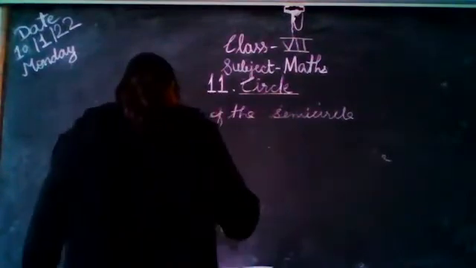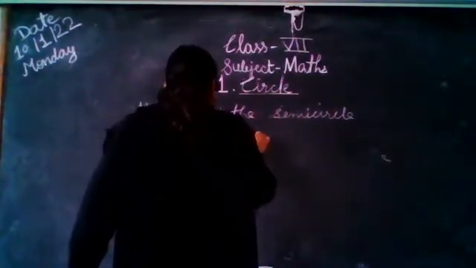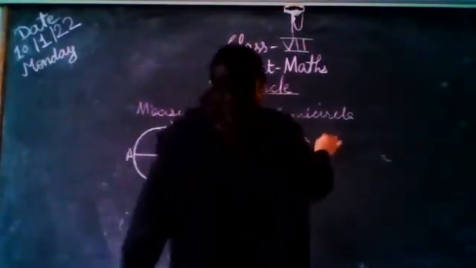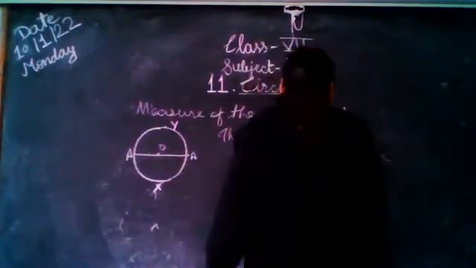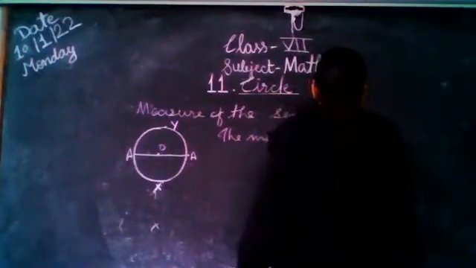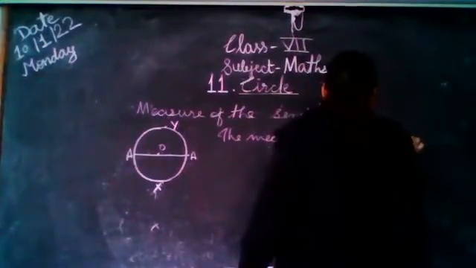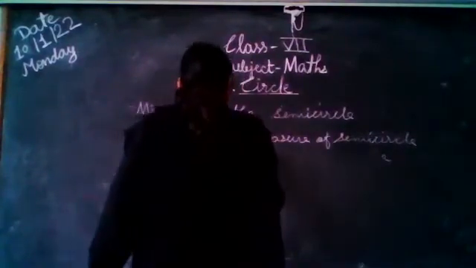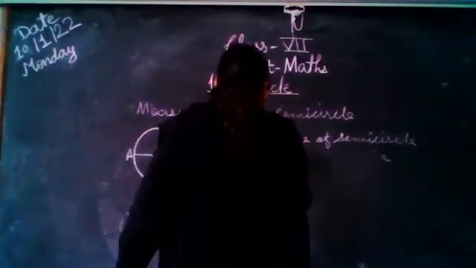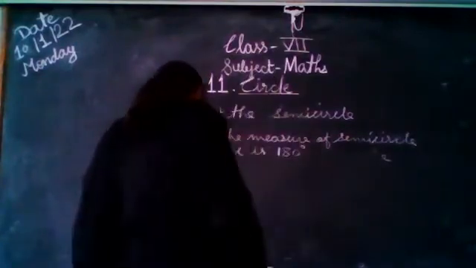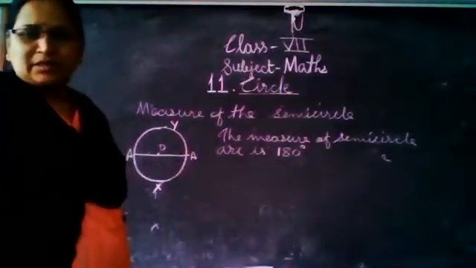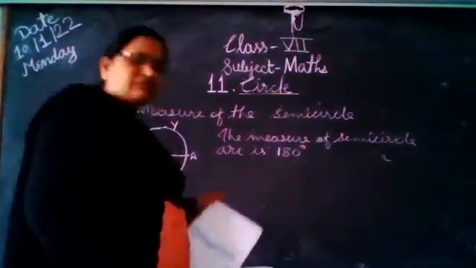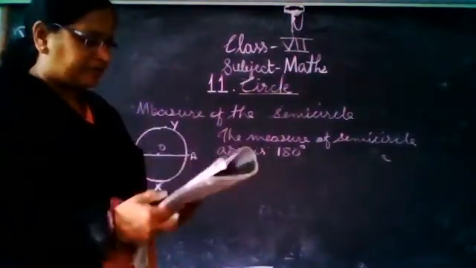The measure of a semicircle is 180 degree. Got it, beta?